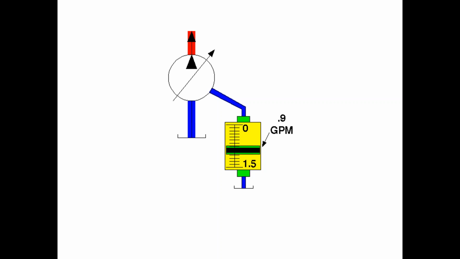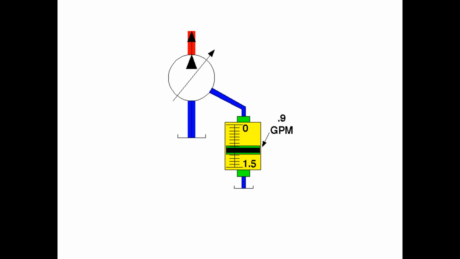So when a pump is brand new, it's going to have very little case flow. As the pump wears, it's going to have more and more. All right, well, how much is normal? That will vary by the pump. You can, of course, download the file from the manufacturer that will tell you all sorts of information like that.